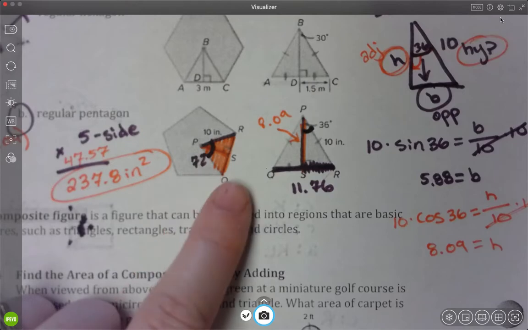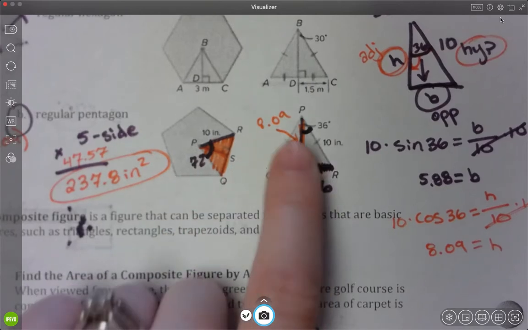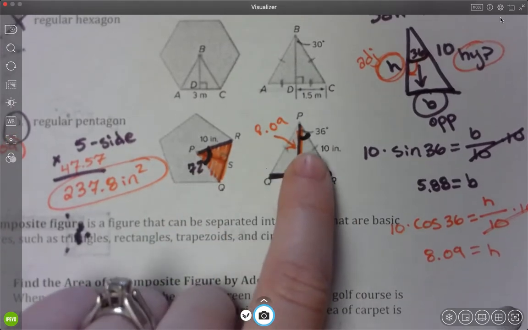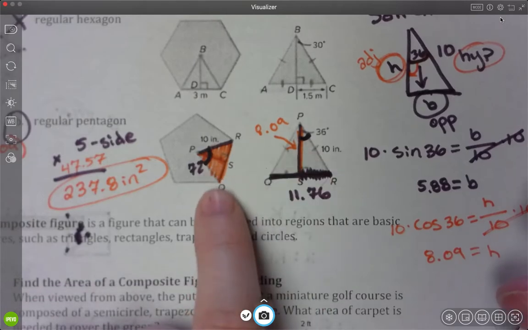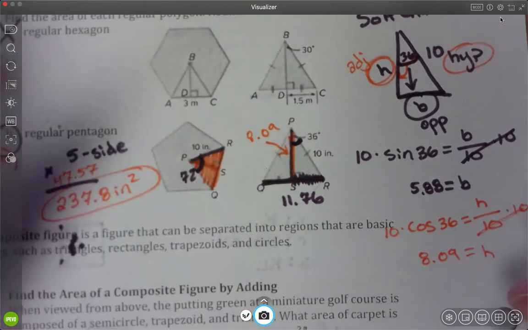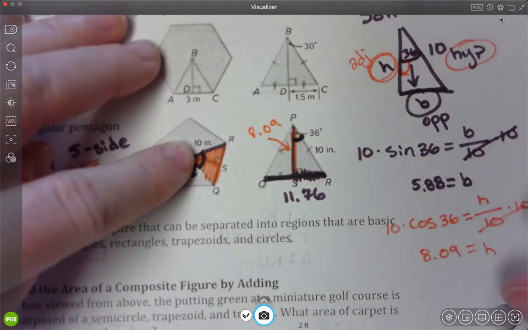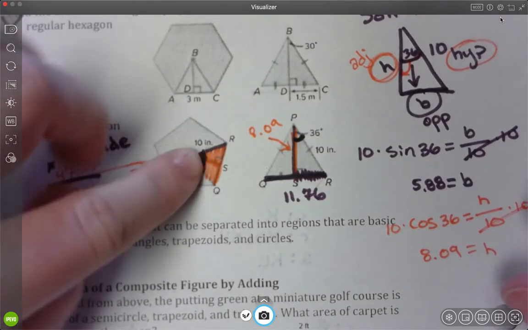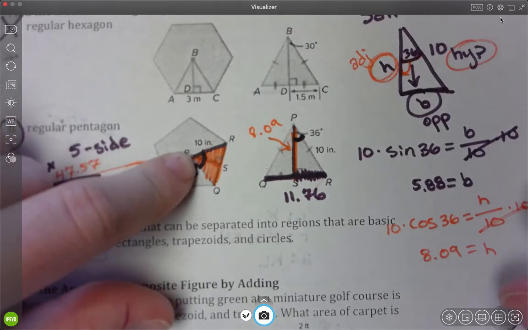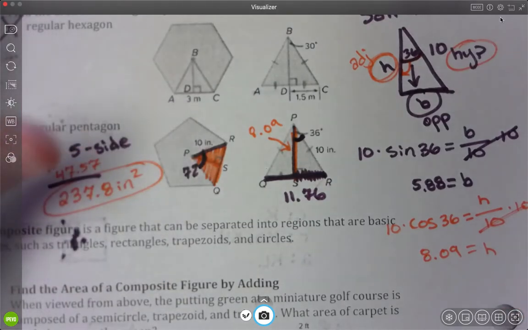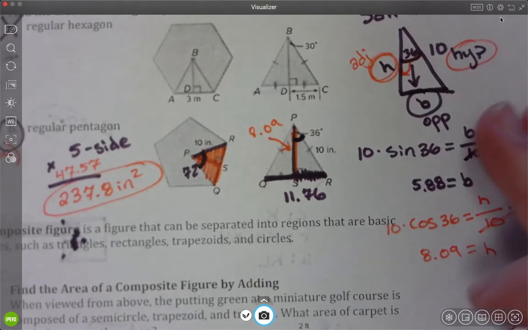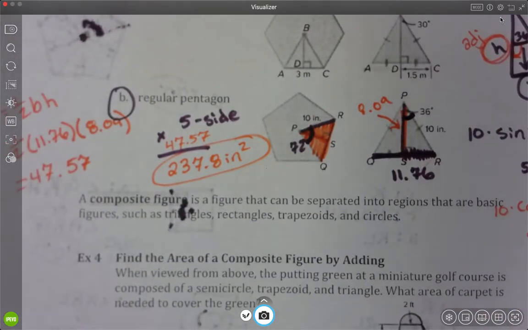So that's how they figured out how many degrees that was. The only thing they gave us was 10. So it's kind of amazing that you can find out the area of this by having just one piece of information. That's all we had to start with, and we found the entire area by picking apart and finding things.